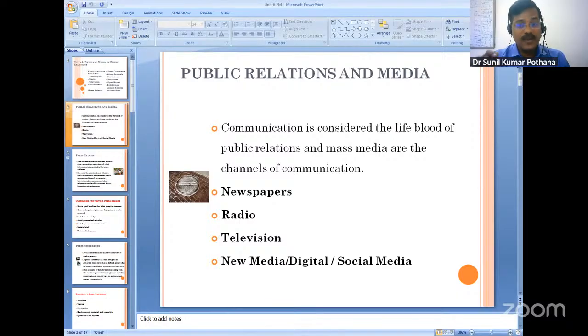You have to prepare a press release, or you have to conduct a press conference. Sometimes you have to conduct open houses and exhibitions. All these are part of public relations practice. So, public relations needs media, in any channel: print media, radio, television, or new media, whatever it is.